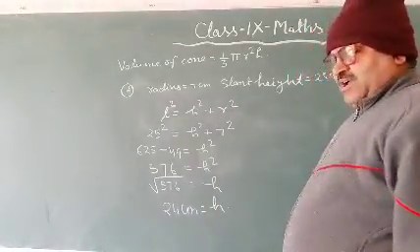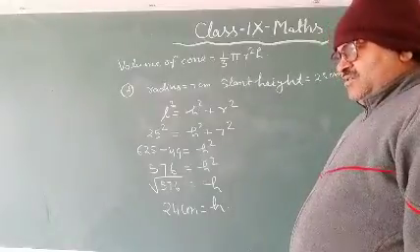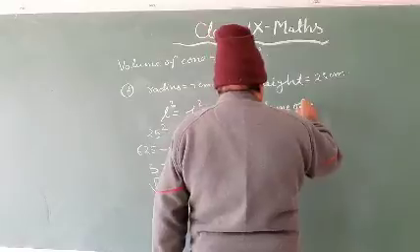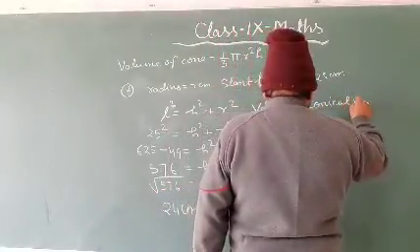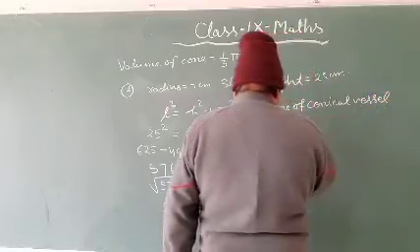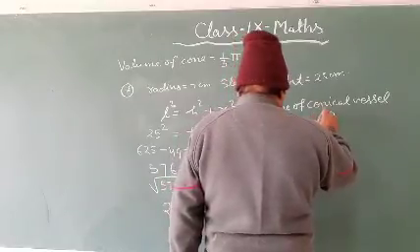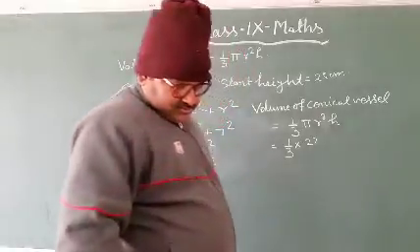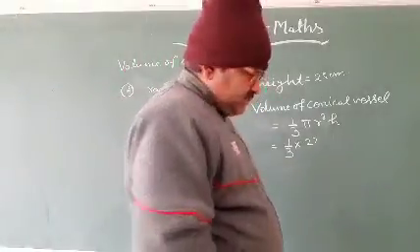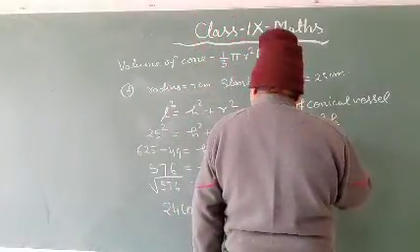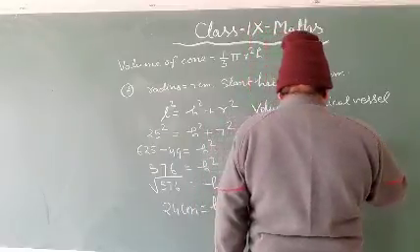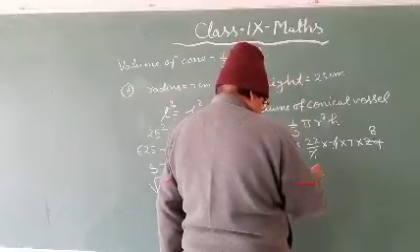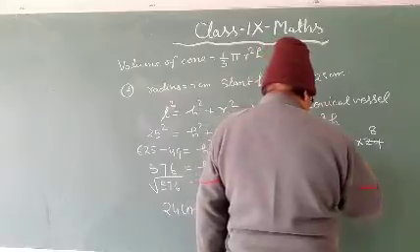Now the height and the radius are present here, so you find the volume of the conical vessel, equal to 1 by 3 pi r square h, which is 1 by 3 into 22 by 7 into 7 into 7 into 24. 7 cancels and 3 eights are 24, into 7, that is 1232 centimeter cube.